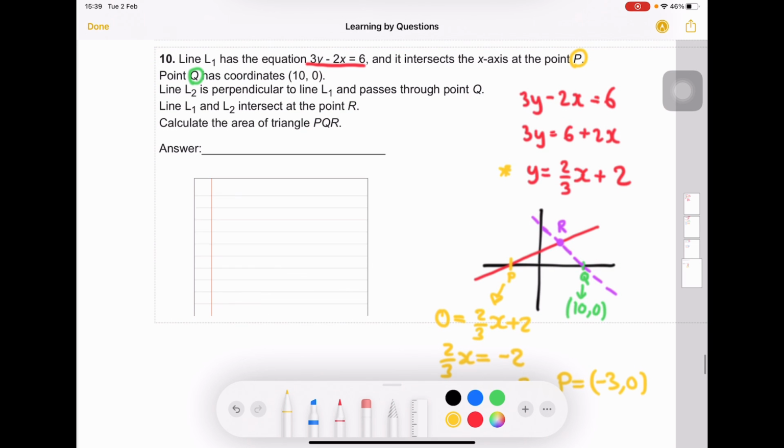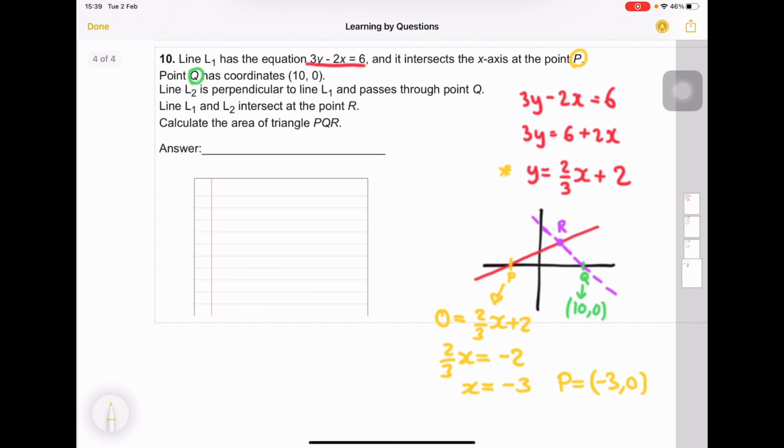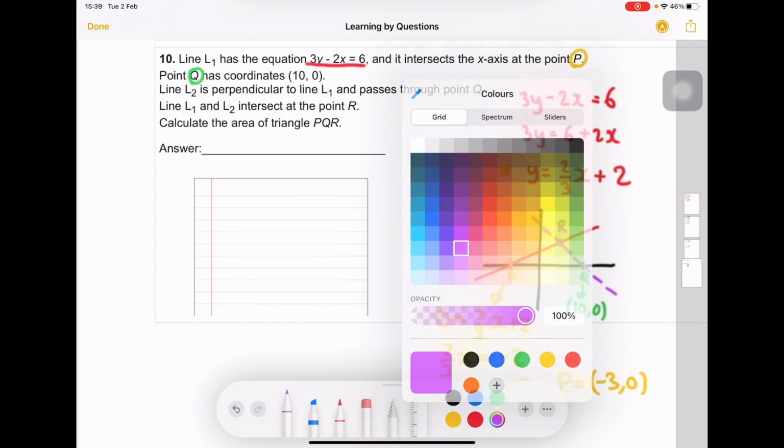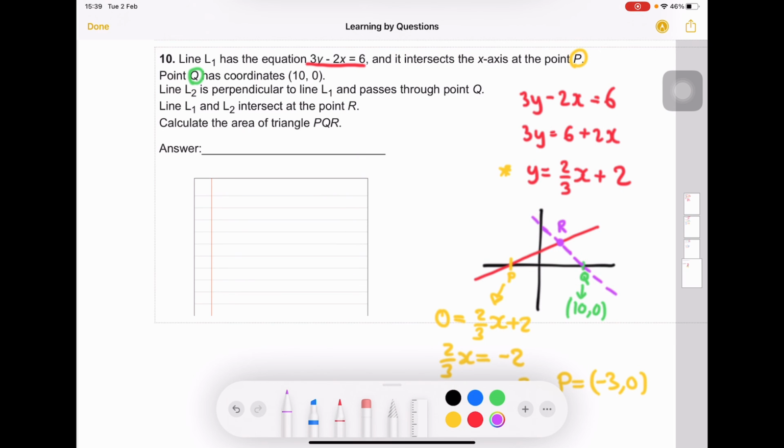Okay. Now we need to work out the coordinates of R. So L2 will have a gradient of negative 3 over 2 because it has to be the negative reciprocal of 2 over 3. So I'm going to write y equals negative 3 over 2x plus c.